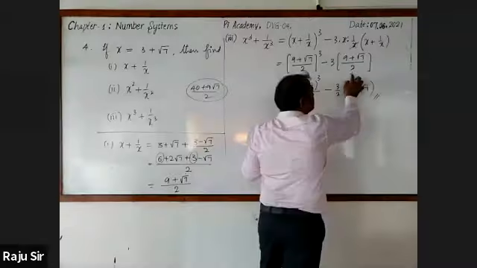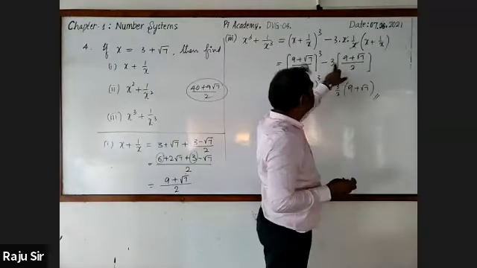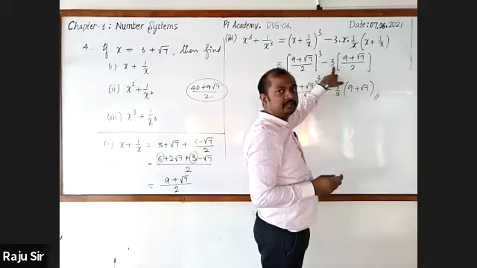Sir, why should we take 3 by 2, sir? Denominator 2 is there, so that I have taken 2. Sir, we take 9 plus root 7 divided by 2, sir. Here outside the bracket we have 3.